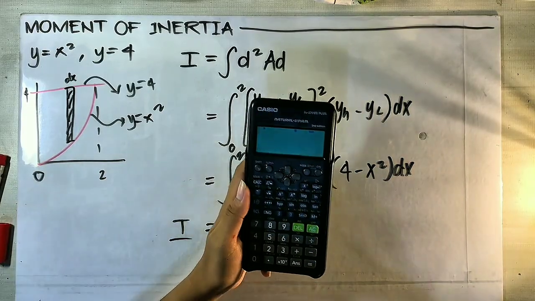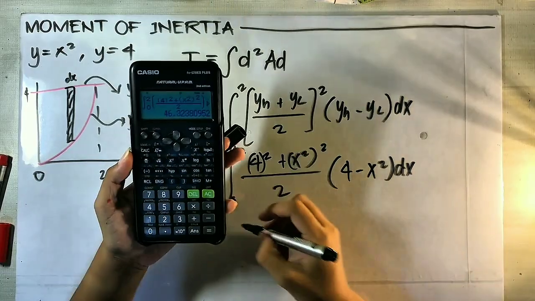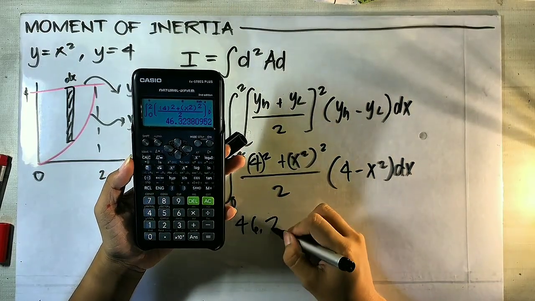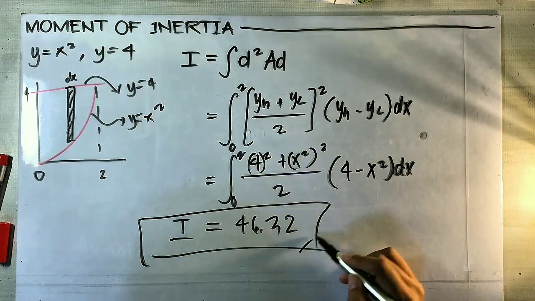So our moment of inertia about x is 46.32. So this is our moment of inertia.